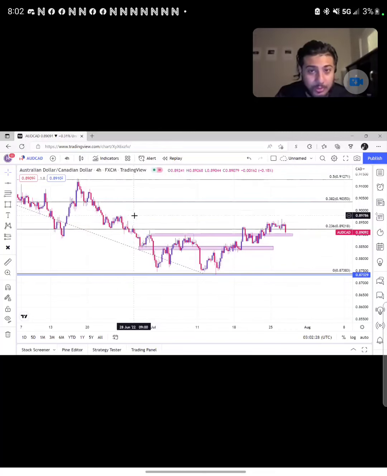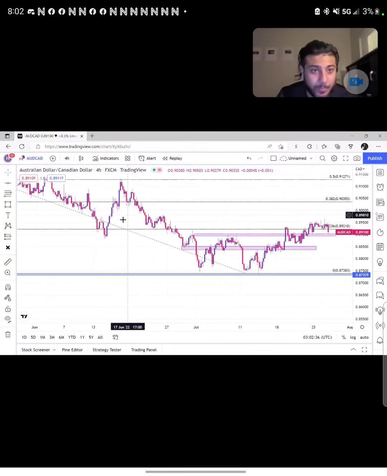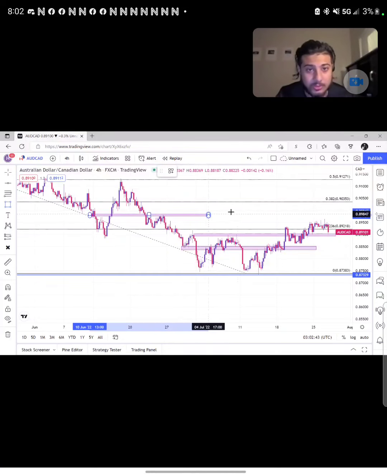Let's see, another one we could do is this one right here, or this top one. I like this one, so I'm going to mark that one. Start from here, just extend it.